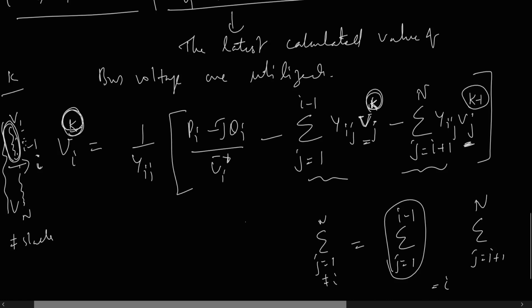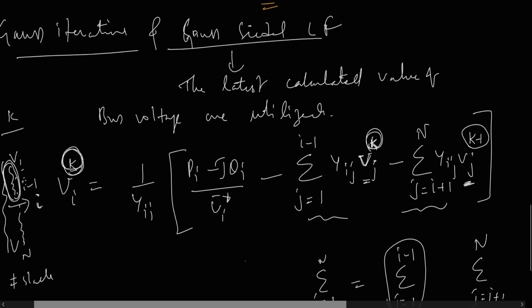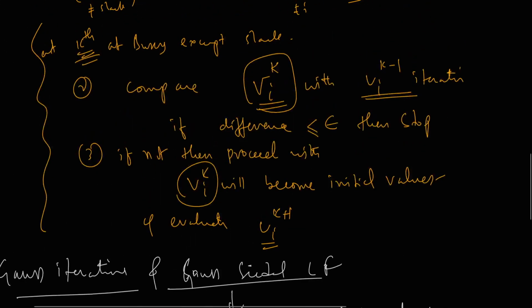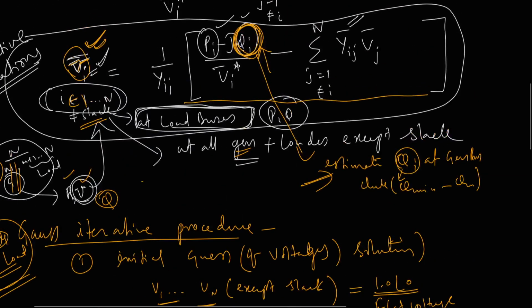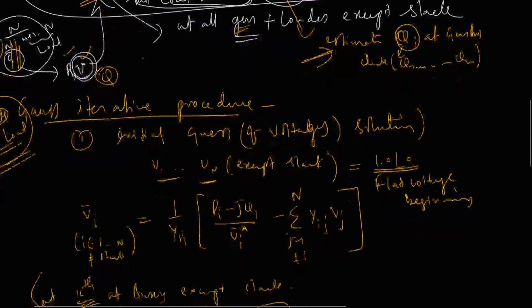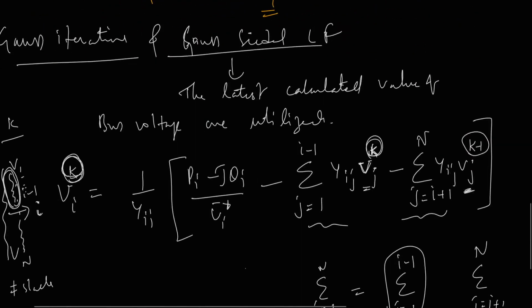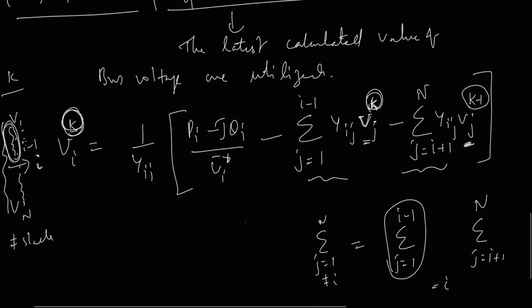Now that is the difference between the Gauss Seidel and the Gauss method. This is the Gauss method and this is the Gauss Seidel method, where the latest voltages have been utilized to evaluate the bus voltages. Okay, that's it.